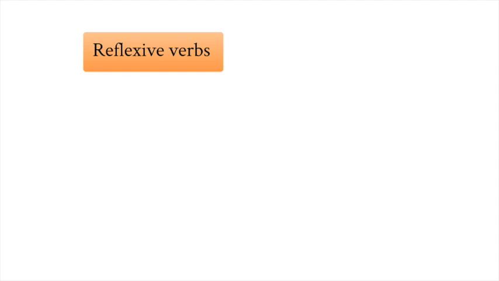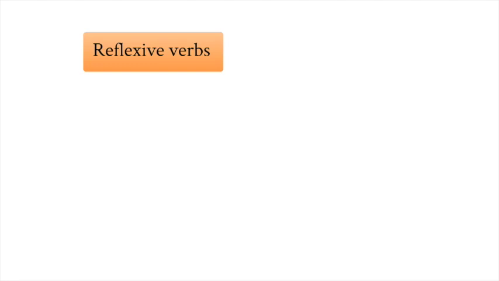Before starting with the daily routine, I will first talk about the reflexive verbs. We already learned about these verbs in one of the last lessons, but I just want to review one more time what these verbs are. As you should know, a reflexive verb consists of two parts: the verb's subject, the person who is doing the action, and the verb's object, the person who was acted upon.